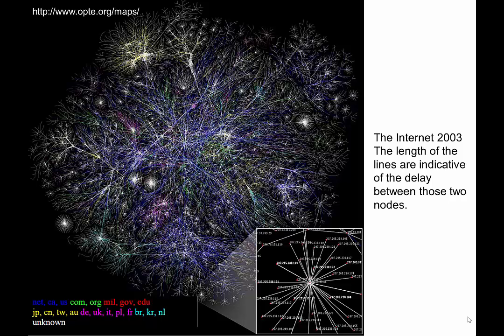There are lots of other websites online that provide overviews of the internet, but it's simply so large now that it's almost impossible to create a diagram of the whole thing.